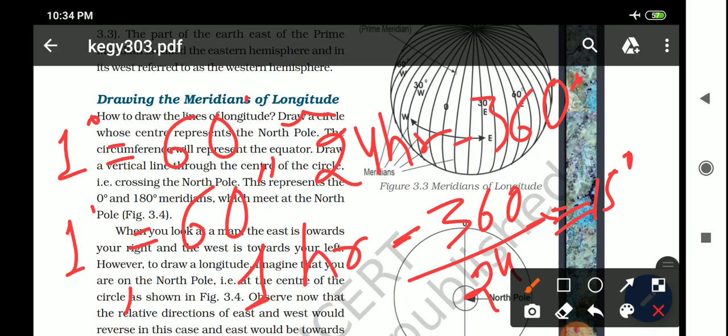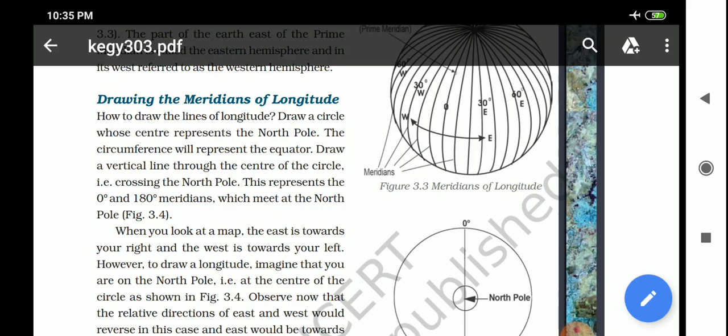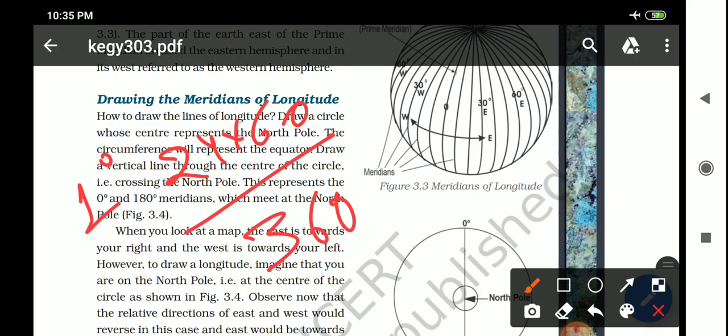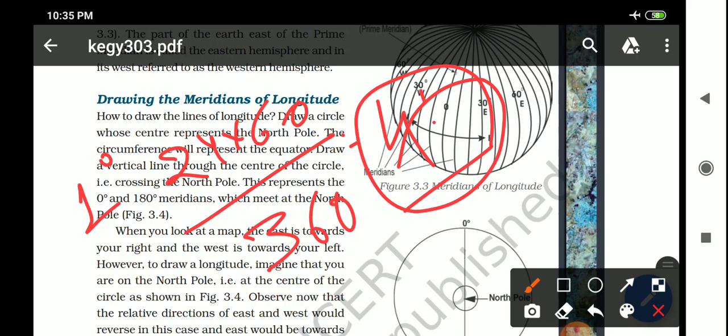And 1 degree is calculated as 24 into 60 divided by 360, so we get 4 minutes. Clear? You have to keep this in your mind.